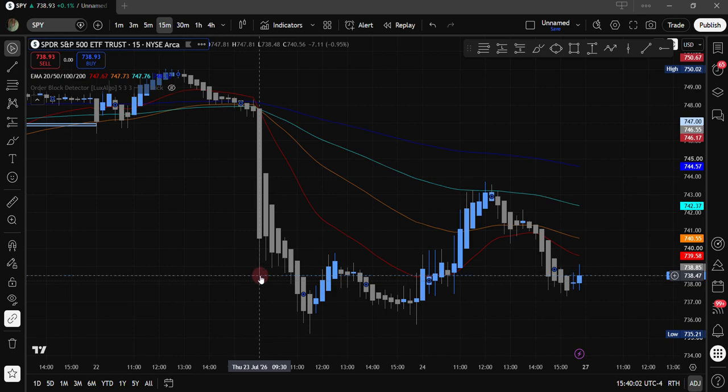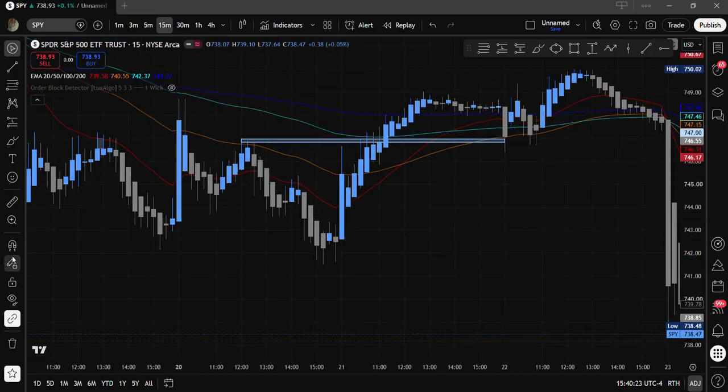If you look all the way to the right, that's our price, and time is on the bottom. But buyers pushed up against sellers, and price closed at exactly 740.50. That's what they would call a bearish candle.